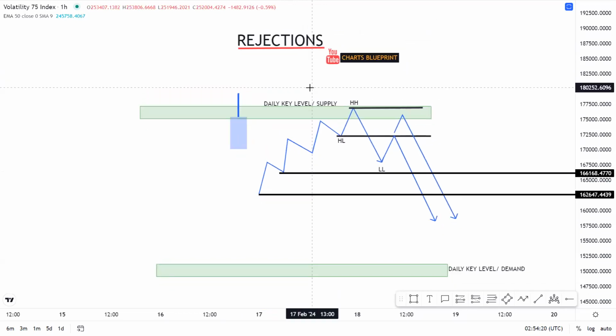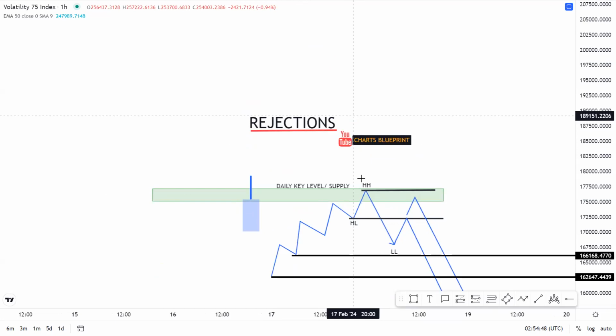Now, a typical chart example of this would be my current sell trade running on Volatility 75 index, which of course I did send out the free signal as well as the chart markup to my Telegram channel a couple of hours ago.